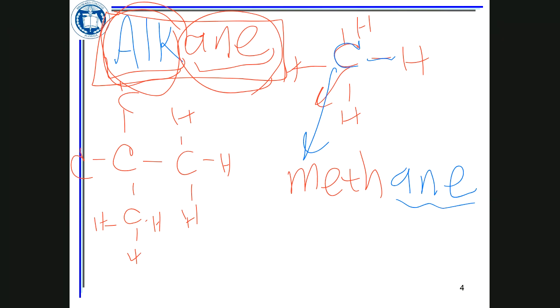The next one is CH3-CH3. This is a condensed formula. There is a carbon-carbon single bond there, and 3 hydrogens on each carbon.